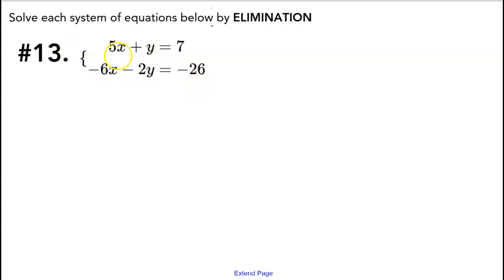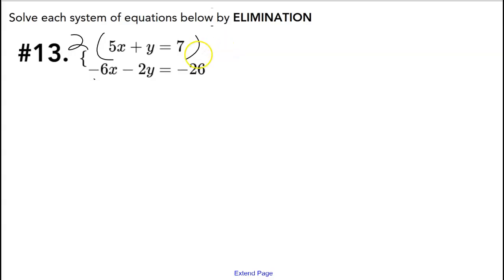I can multiply the top equation by a number and see if I can get one of the numbers on the bottom equation. Okay, but there's nothing I can multiply 5 by to get 6. But I can multiply this understood 1 by 2 and get 2 so that I have the same number. And since it's already positive and the 2 is already negative, I don't have to make that 2 negative. I just leave it alone and just multiply by 2.